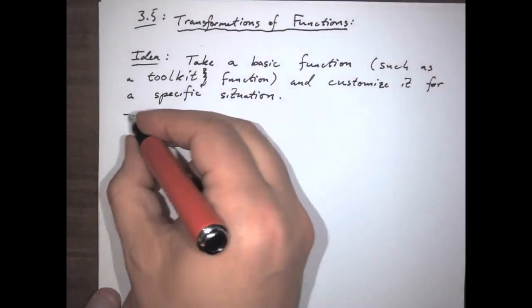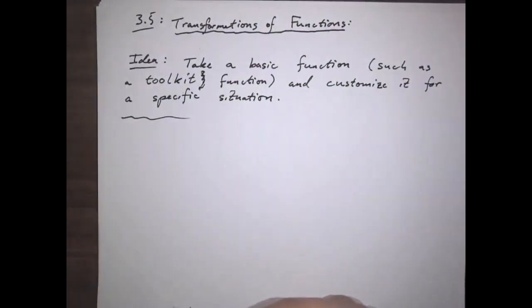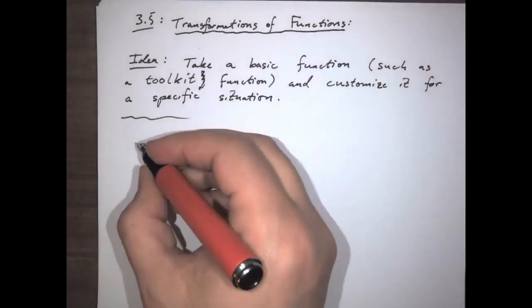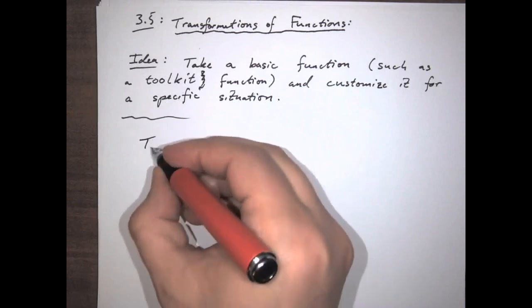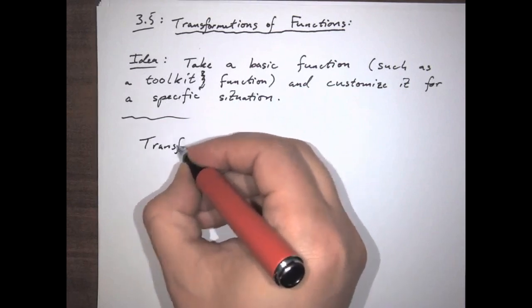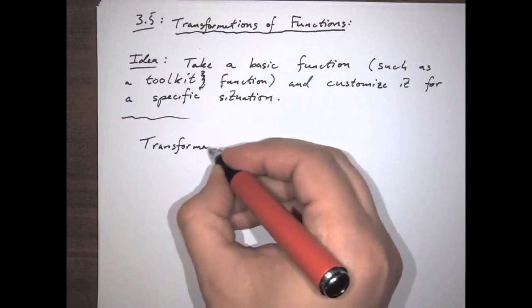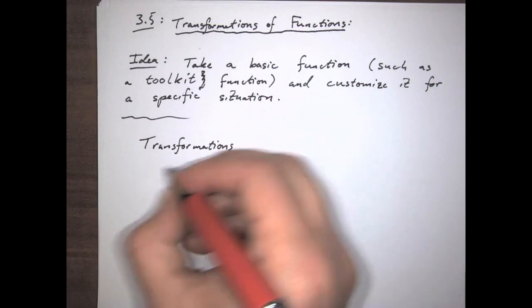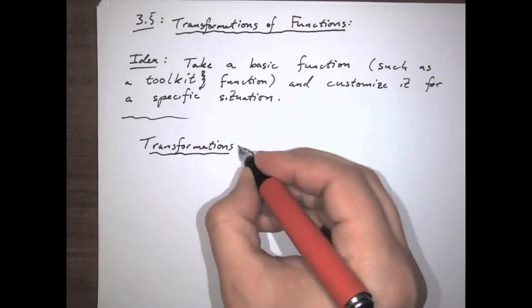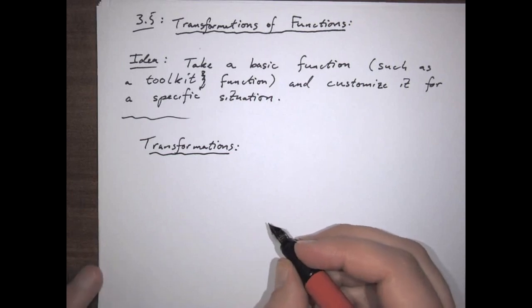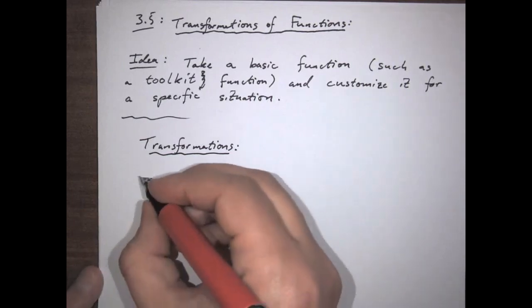Alright, so here are the ways we are going to be able to customize these. These are the transformations that we're going to be able to employ. First off, there are two main categories of transformations: what are called vertical and horizontal transformations.